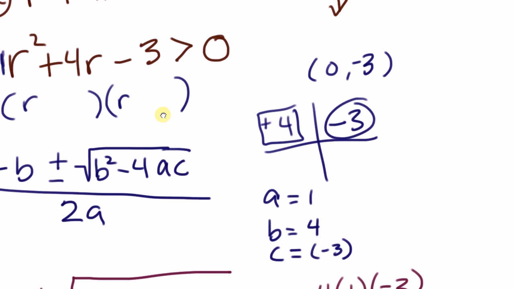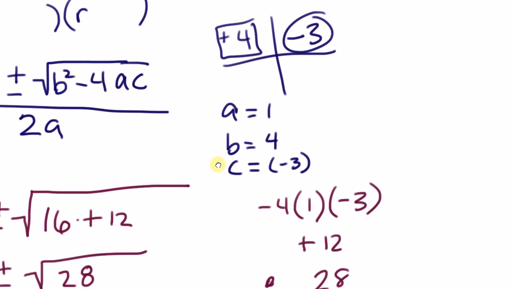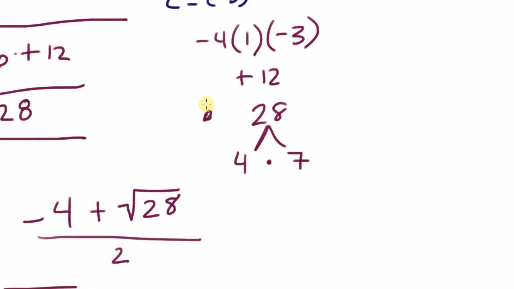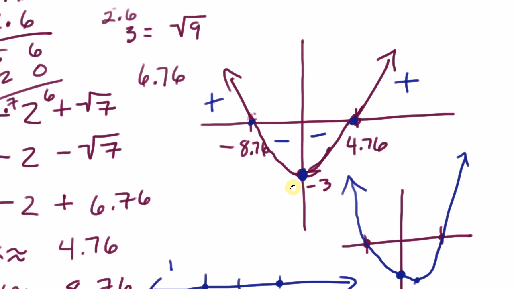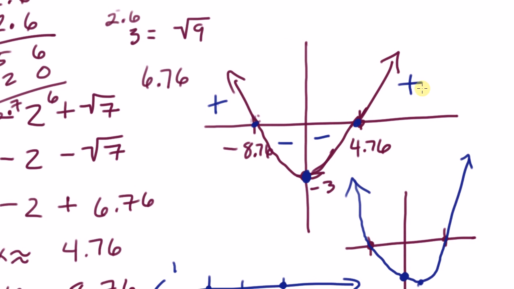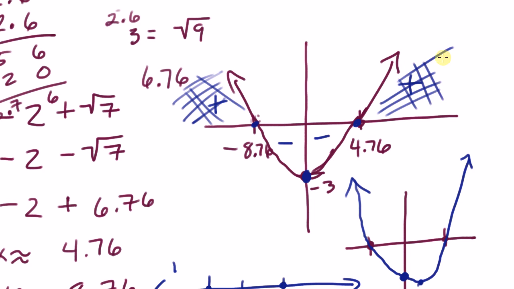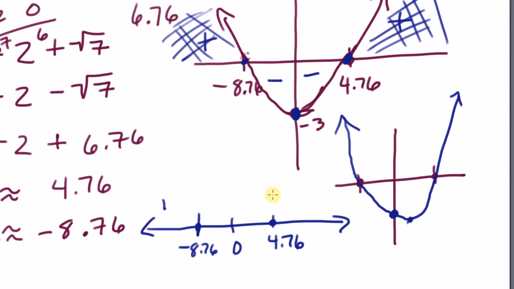I don't remember if I said greater than or less than. We want to know when it's greater than 0. So where it's greater than 0 is here and here, right? So in this area and this area. So from 4.76, how did it say?